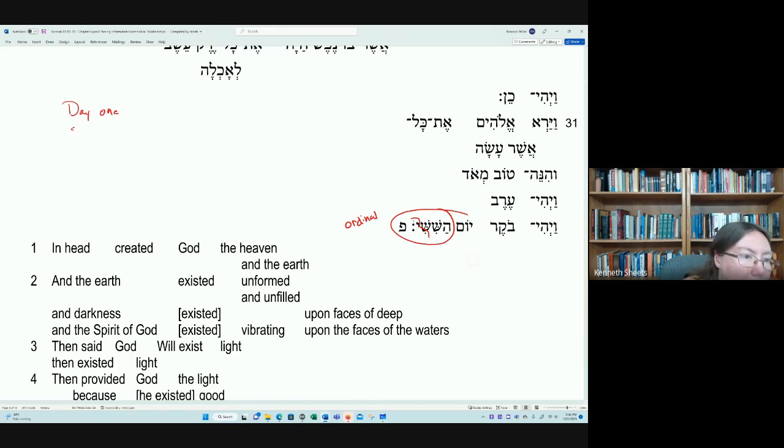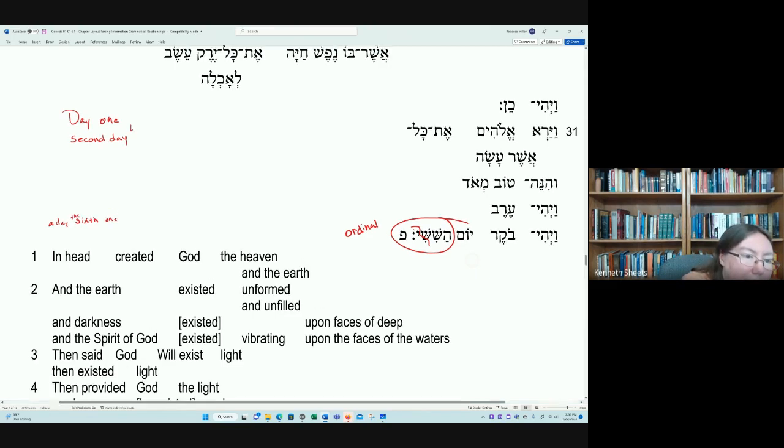But then following that, we have second day, third day, fourth day, all the way down to the sixth one. So all of these following day 1 are ordinal numbers, but the first one is a cardinal.